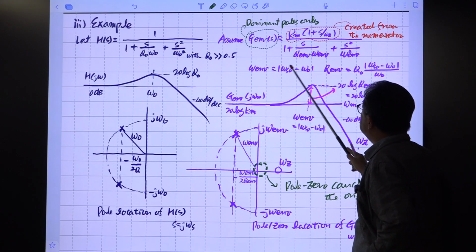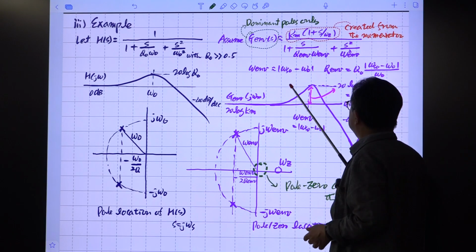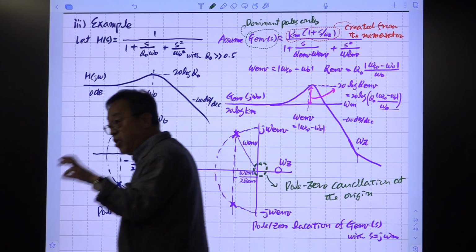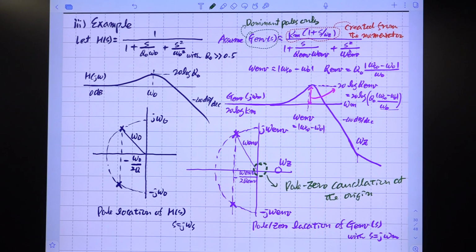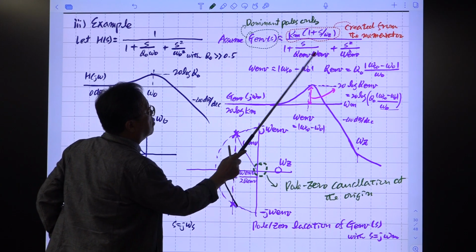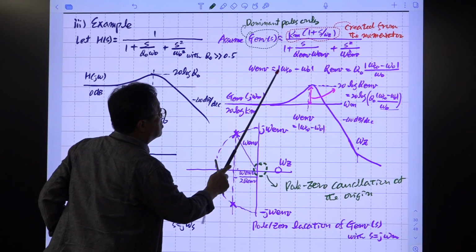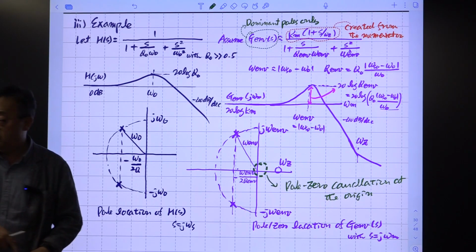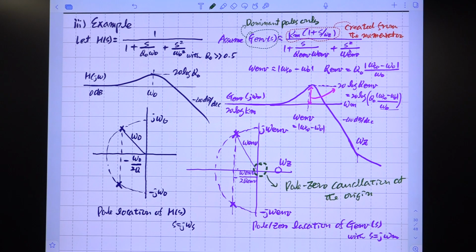Okay, because this is already positive, because the switching frequency is larger than the resonant frequency. But if the switching frequency is smaller than the resonant frequency, then you need this sign, or you need to switch the order of this. Okay, so this is our final conclusion.